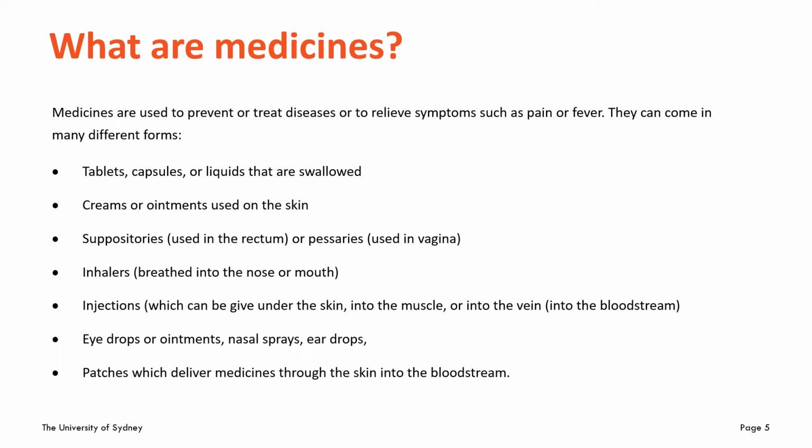They can come as inhalers which are breathed into the nose or mouth, and they tend to work mainly in the lungs, as injections. And these can be given under the skin, into the muscle, into the vein.